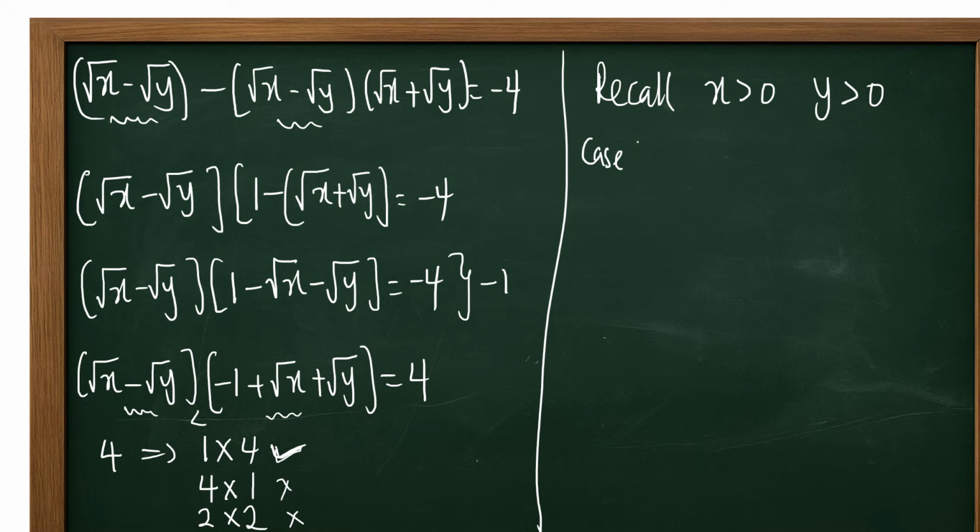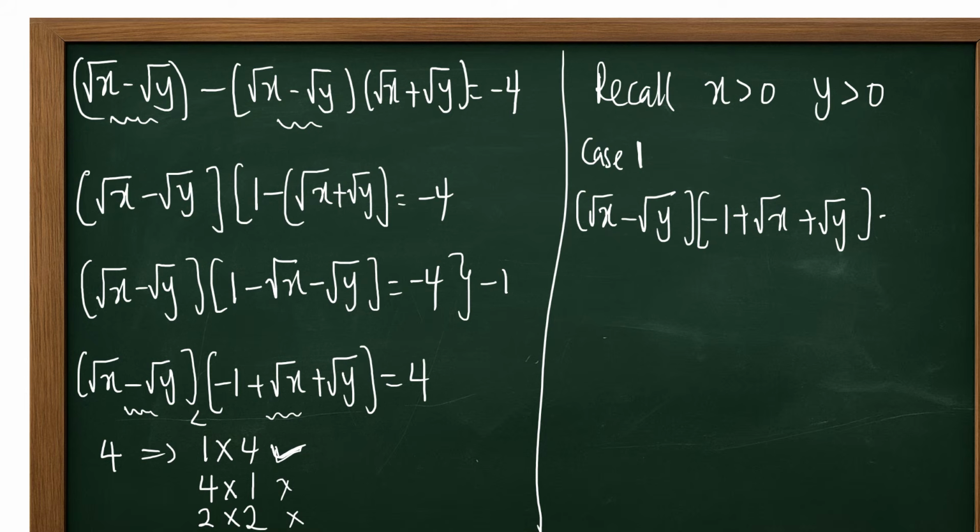For case number 1, here we have the given equation, the square root of x minus the square root of y, times negative 1 plus the square root of x plus the square root of y, equals 1 times 4.